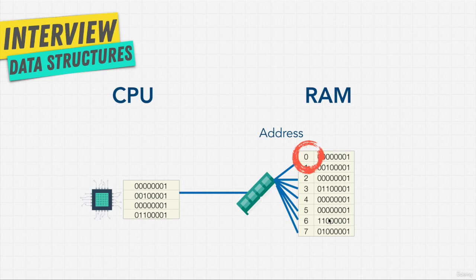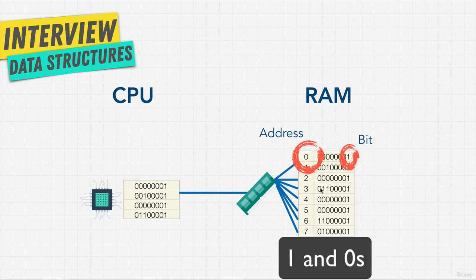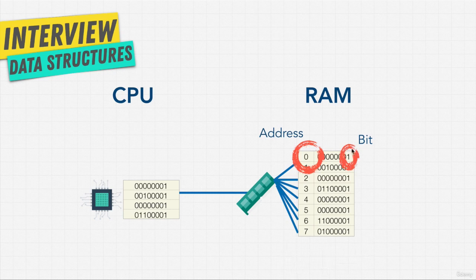And it allows us to run programs on our computer. Now, each of these shelves holds what we call 8 bits, or numbers. If you see here, 1, 2, 3, 4, 5, 6, 7, 8. Each one of these numbers is a bit.